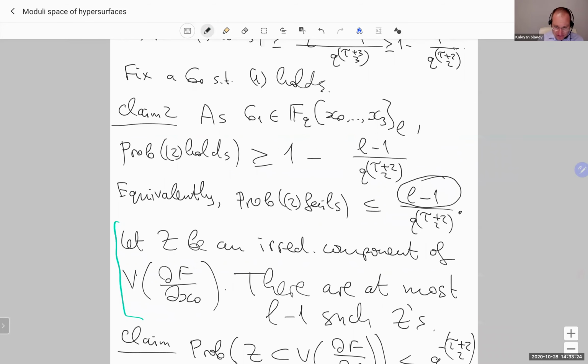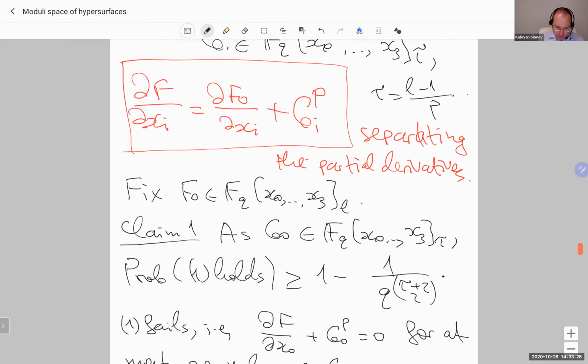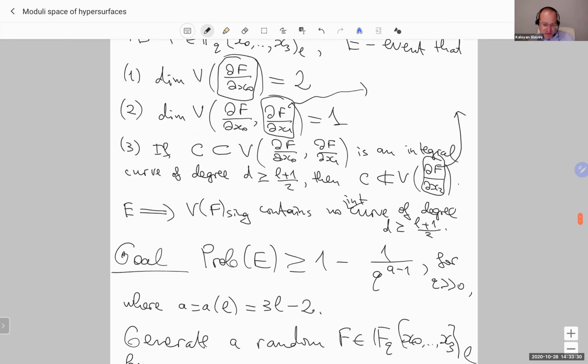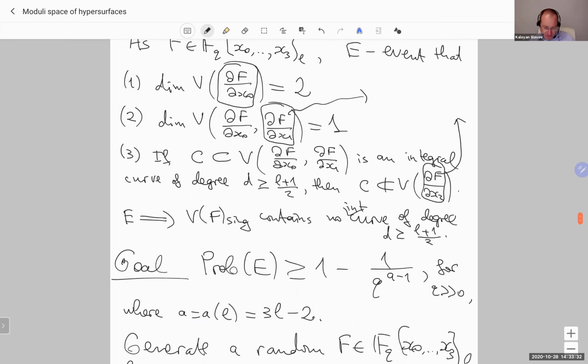We have a lower bound. Let's go up to 1, 2, and 3. Okay, plenty of choices of G0. F0 is fixed. Remember, F0 is fixed. Plenty of choices of G0 guarantee 1. Then once it's chosen, plenty of choices for G1 guarantee 2. And now we want to make sure that we arrange 3 as well.